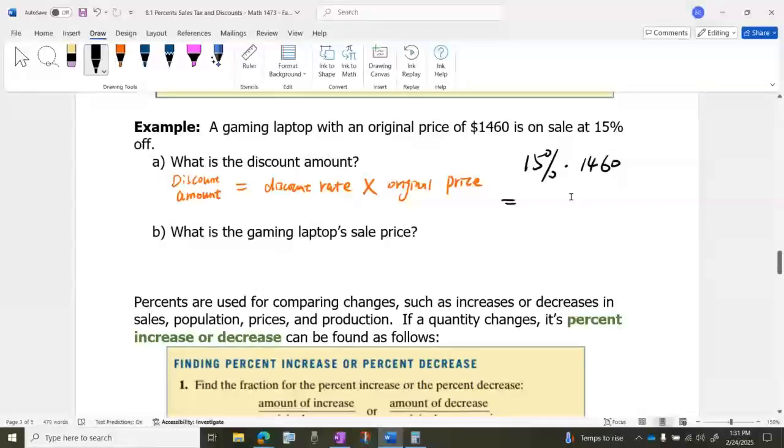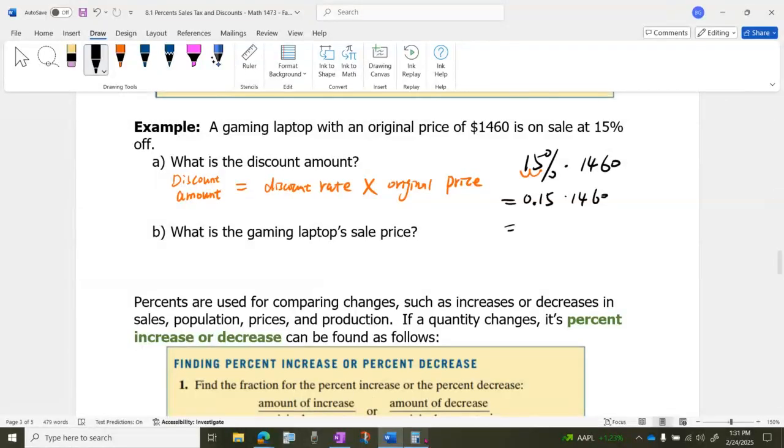Percent is not convenient in operating expressions, so we want to convert 15% to the equivalent decimal and then do the operation. 15%, so divide 15 by 100, we have 0.15. Or you just move the decimal in 15 to the left twice, 0.15. Multiply 0.15 by 1,460.